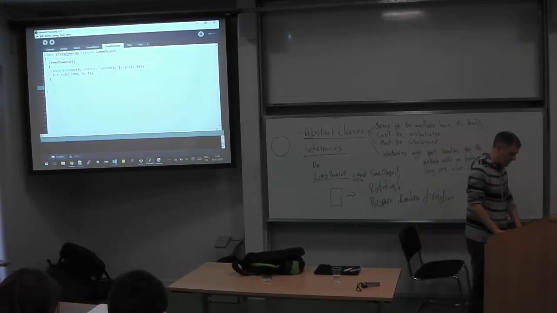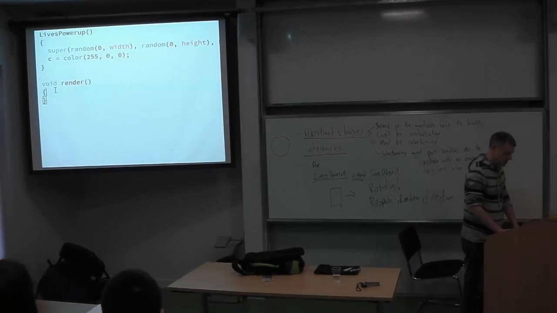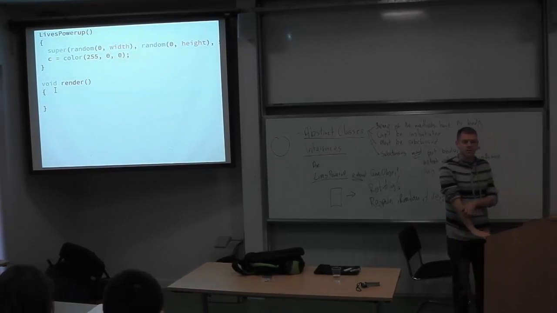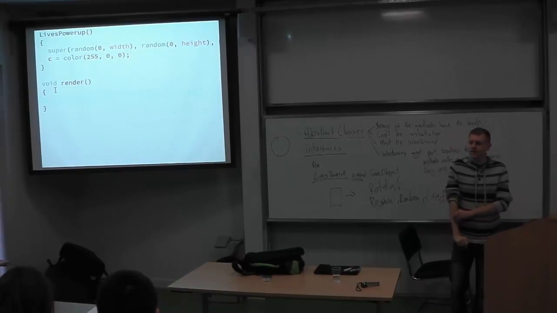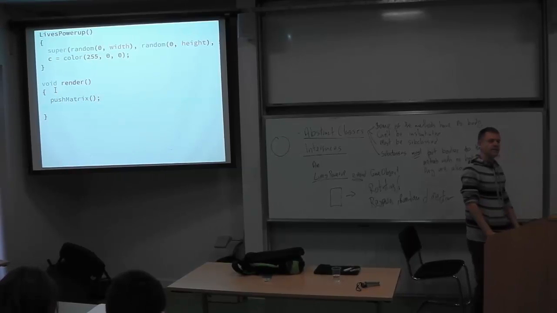Let's put in the render method first of all. So the render method is going to be all about just drawing the object. So we'll draw this object in the same way that we drew the other objects. We'll use pushMatrix, translate, rotate, and popMatrix, right? So pushMatrix stores the existing transformation.